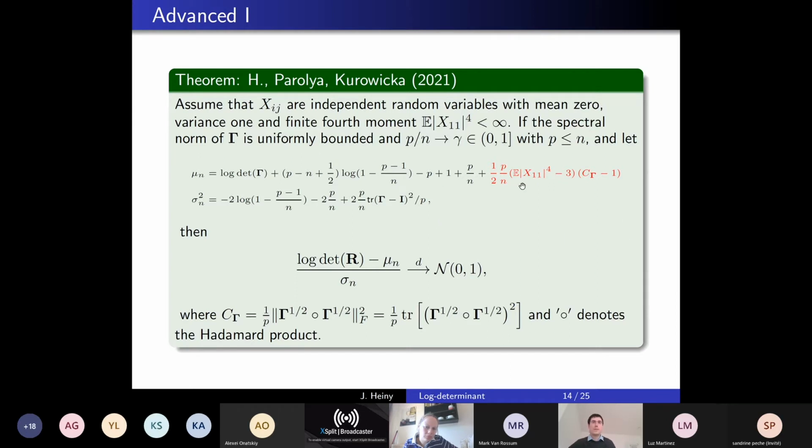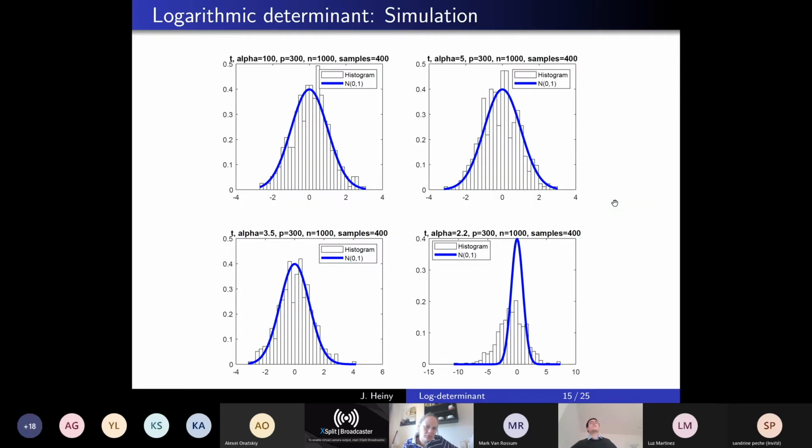And okay, let me maybe show you some simulations that this actually works quite nicely. So what we did here is we simulated this log determinant where the entries follow a t-distribution with alpha degrees of freedom in dimension 300, and the n is 1000.